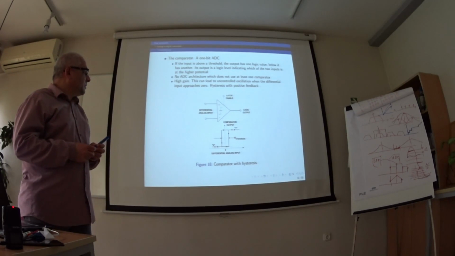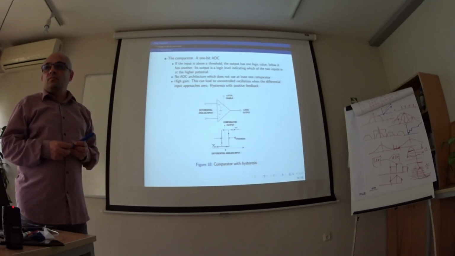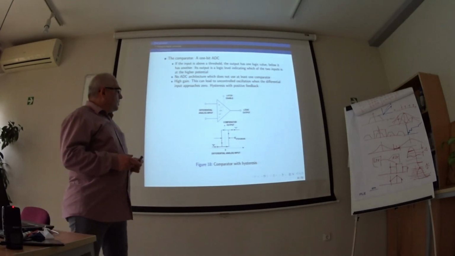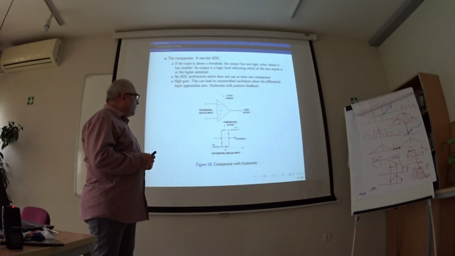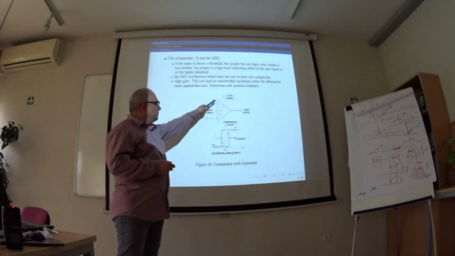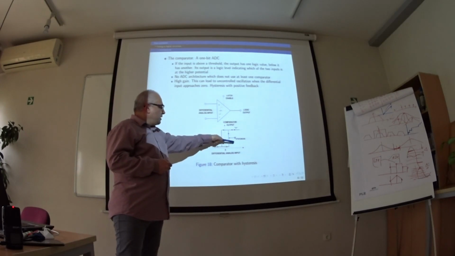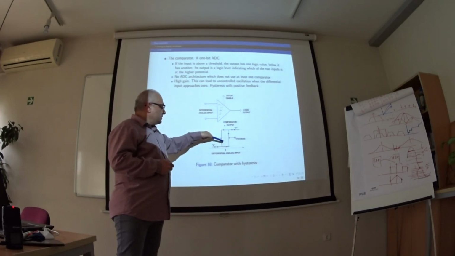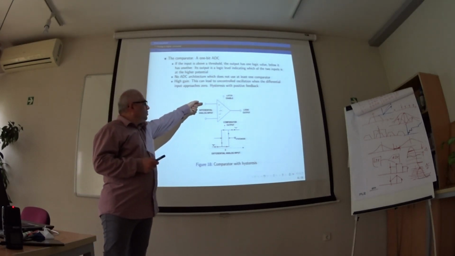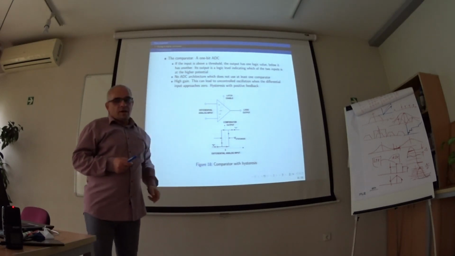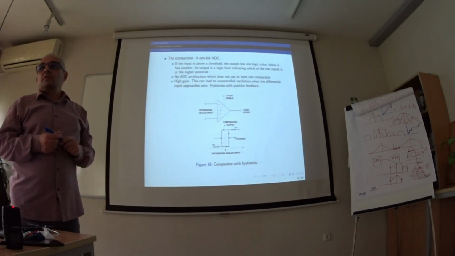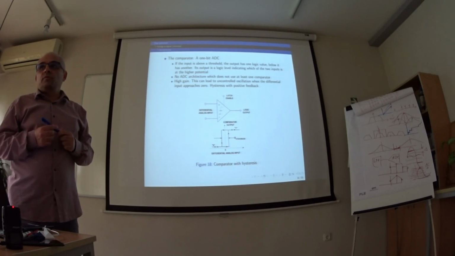It can be found in any analog to digital converter in the architecture. Usually we make positive feedback, not given here, to make hysteresis, because when the two inputs of this op-amp are very close to each other, we have oscillations of the output of the comparator.